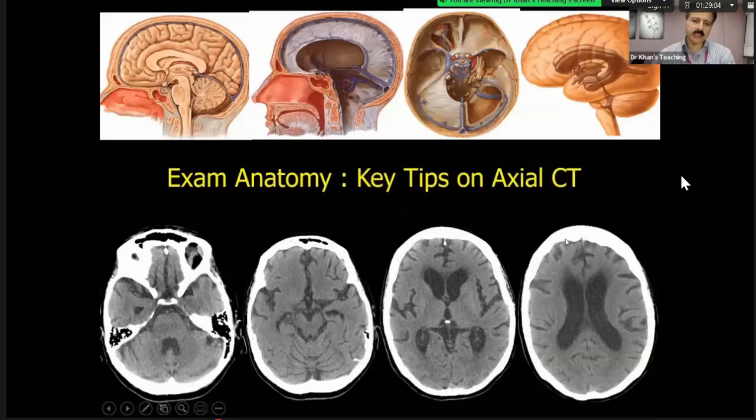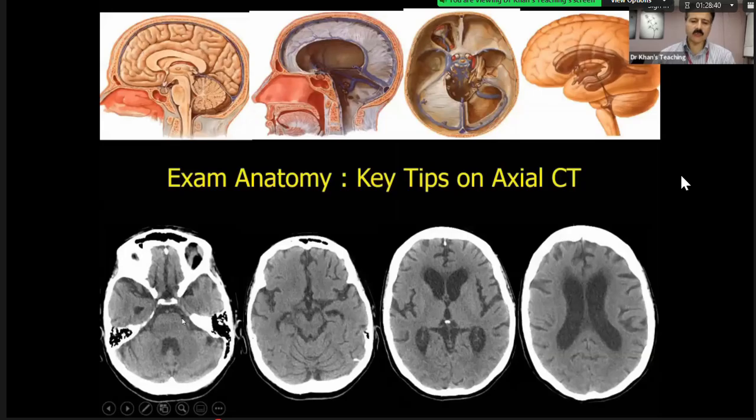Okay, a few exam tips on an axial slice. So ST4s, of course, you know the anatomy, but some of this anatomy I want to revise for the juniors who are listening. Axial anatomy tips for the exam. Now, please remember that CSF spaces are extremely important for you to remember.